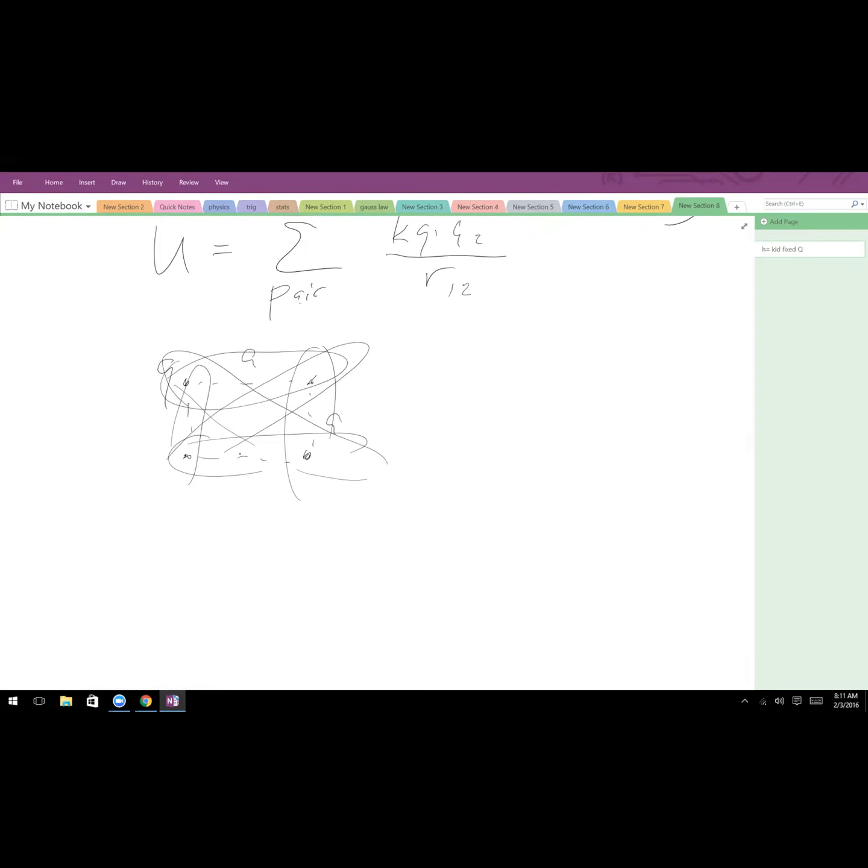Of course, since this one's a nice symmetric shape or whatever, most of them are all the same. So like the 4 side ones are all the same. So I'll have 4 of the guy that's K, Q, and the Q's are the same. So it's just Q squared over the side length. So this is from the 4 side pairs.